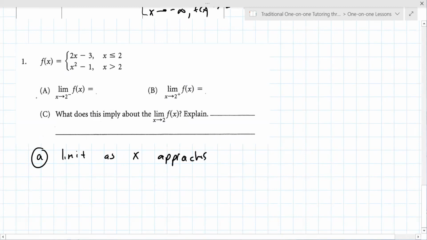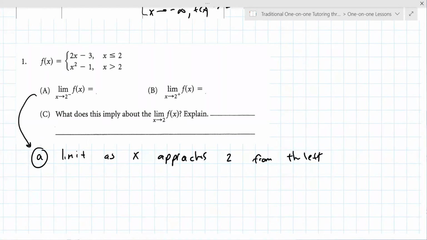Okay, I'm doing part A here, and what I'm doing is writing out what you need to read. The limit as x approaches 2 from the left. This may not mean much to you, but you have to use the one that's for left of 2, and this top one is for left of 2, and this bottom one is for right of 2.